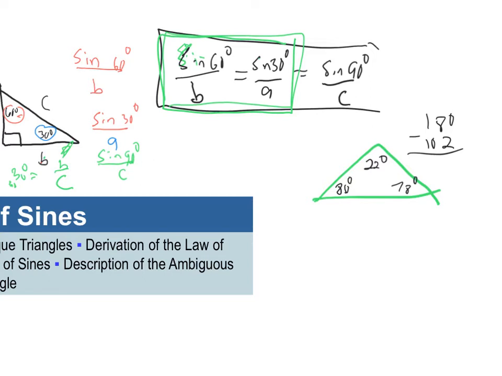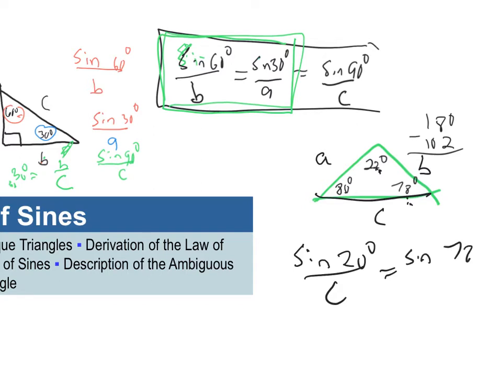If I have all my angles, A, B, C, doesn't really matter. The sine of this 22 over the side across it would be equal to the sine of this 78 over what's across it.